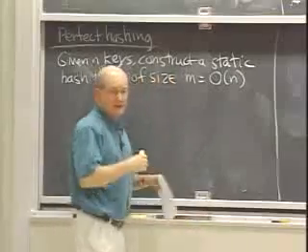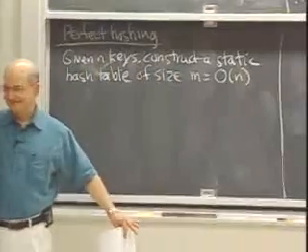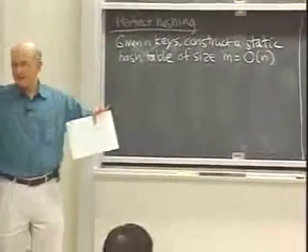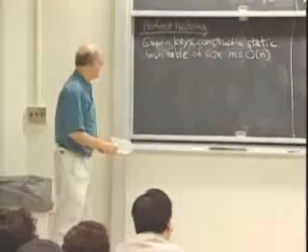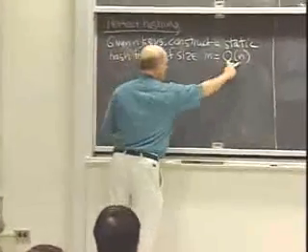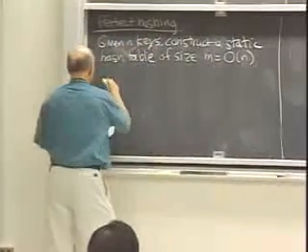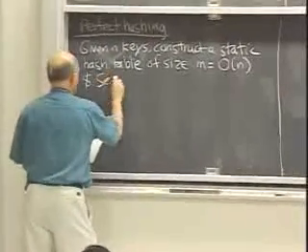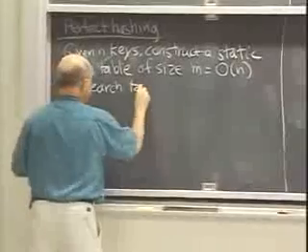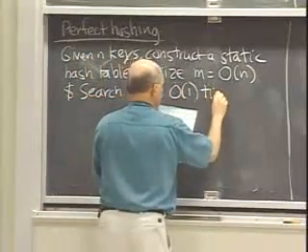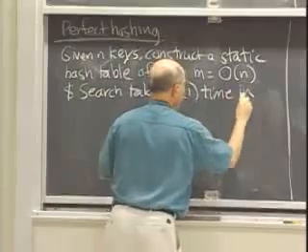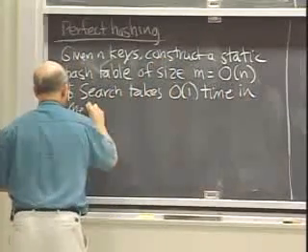I don't want it to be a huge table. I want it to be a table that is the size of my keys. Table of size m equals order n, such that search takes O(1) time in the worst case.